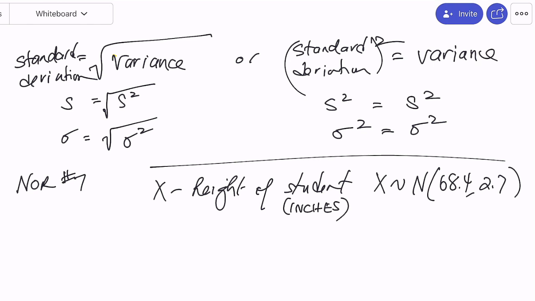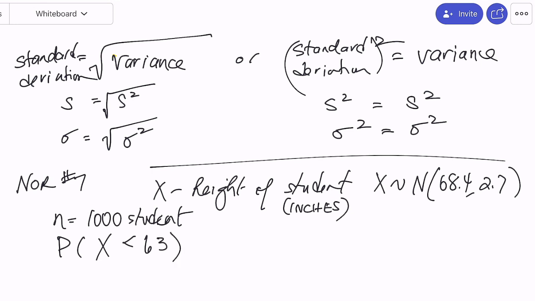That's the information. The question is, if you take a random sample of size 1,000, how many of them would you expect to have heights less than 63? So the probability that a student is less than 63 is what I want to find.